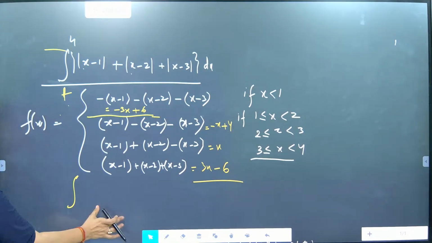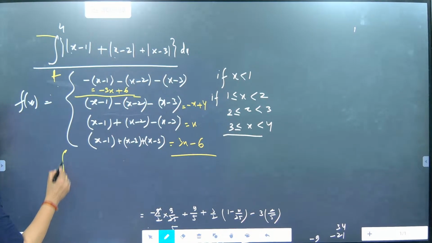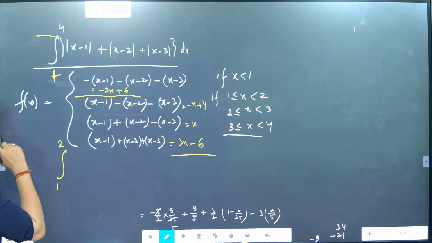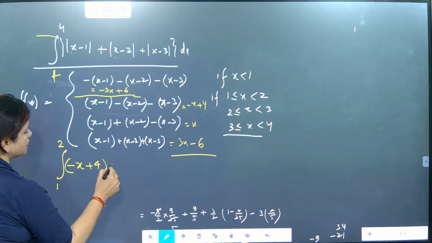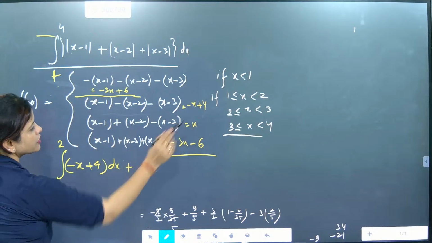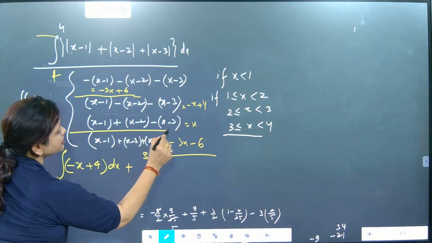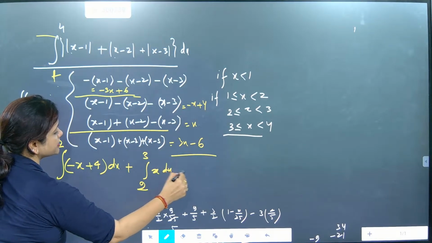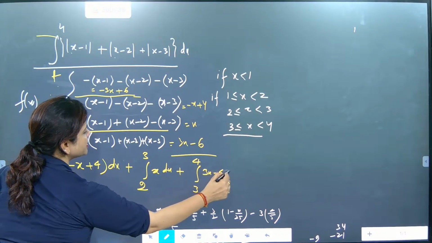So since our lower limit itself is starting from 1, we can do one work. It will come with 1 to 2 minus x plus 4 dx, plus 2 to 3, because that interval we have taken 2 to 3, and between 2 to 3 the answer is coming as x dx, and plus 3 to 4, and this is coming as 3x minus 6 dx.